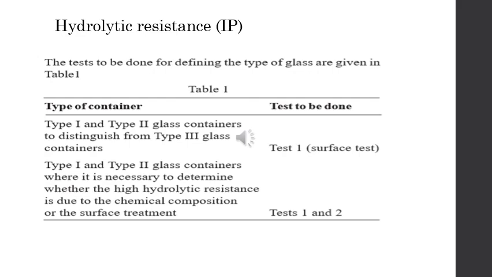We classify glass into four types according to IP. IP suggests a hydrolytic resistance test which is used for defining the type of glass. In this we have two tests, test 1 and test 2. Test 1 is used to distinguish type 1 and type 2 glass from type 3 glass.